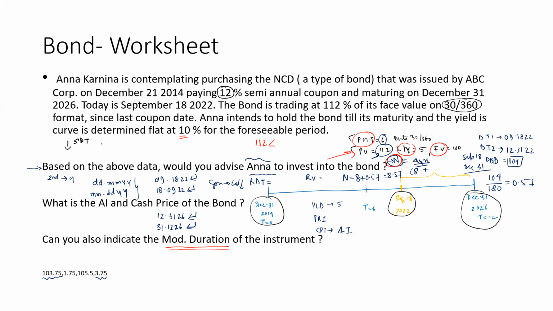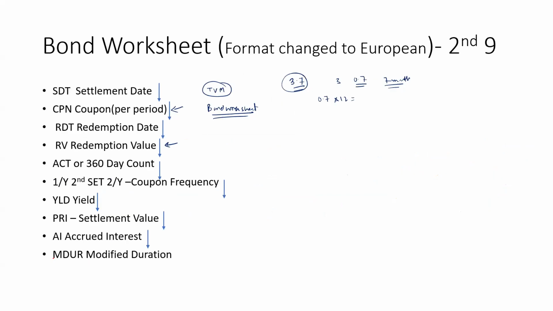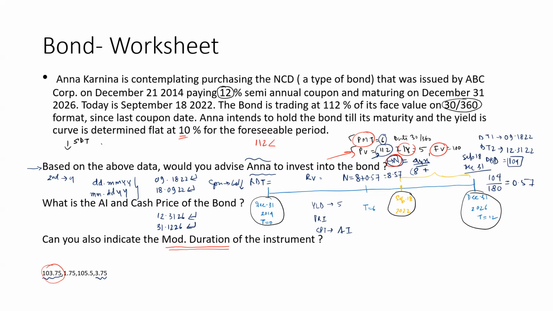That means you must invest in this bond. In either case, you will see that the PV happens to be 103.75 or 103.8. You will get one of these two values only, just to ensure that what we solved through the bond worksheet and what we solved through the TVM are going to yield the same result.